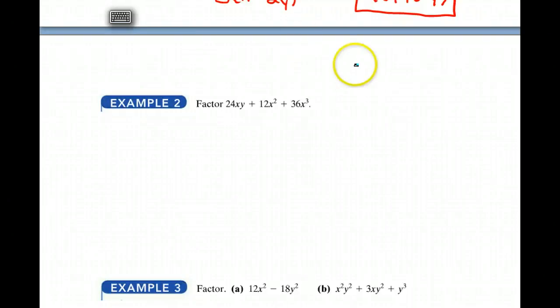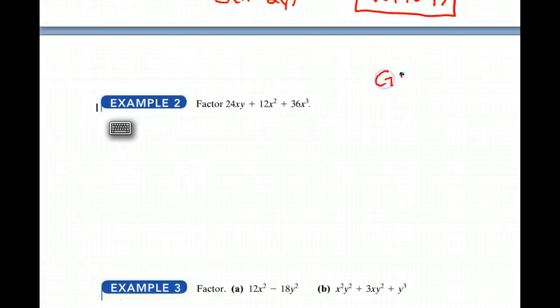Now, for a beginner that's just learning how to factor expressions, I recommend that you start with your coefficients. I recommend that you start by identifying the GCF of your numerical coefficients first. So let's look at 24, 12, and 36.